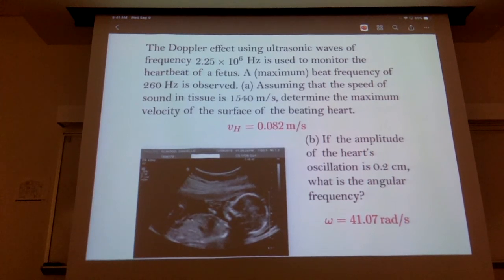Oh, so you have to look at what they're doing to your initial. So when it comes to the heart here, that's why I was saying we have to choose what the heart is doing relative to the source. So what Grant chose was that the heart was moving forward. So here, it's acting as an observer, which is moving through. So now we're saying that we have a stationary source and a moving observer.